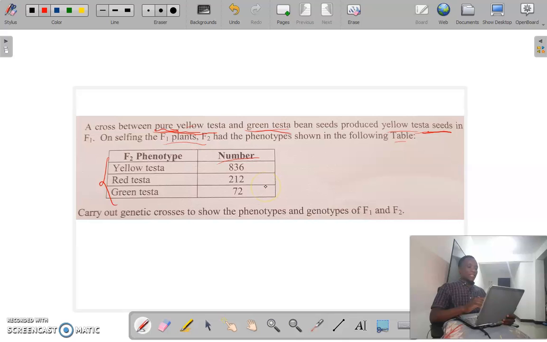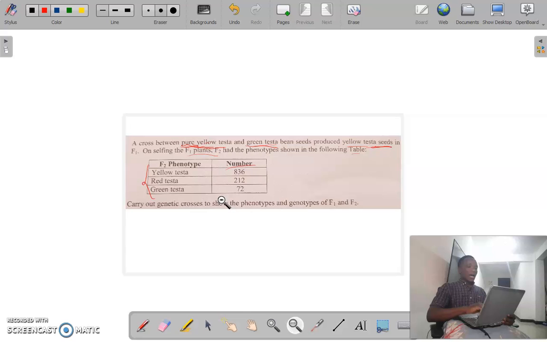The idea here is that we have to divide by the small number on both groups. For example, yellow tester was 836, red tester had 212, and green tester was 72.